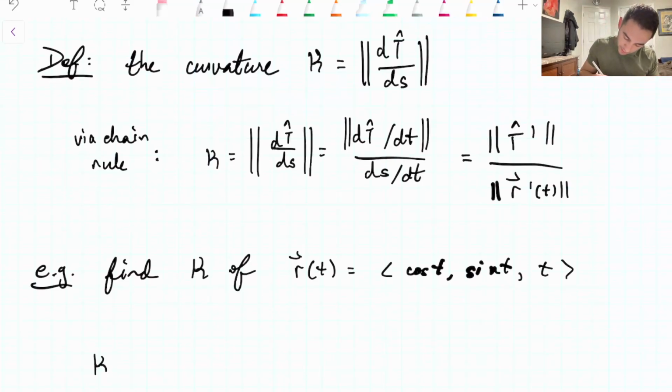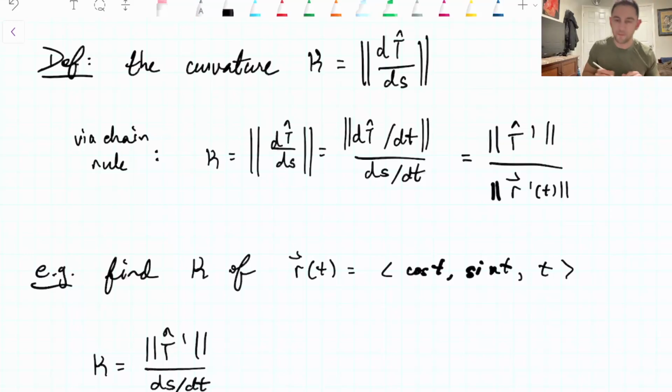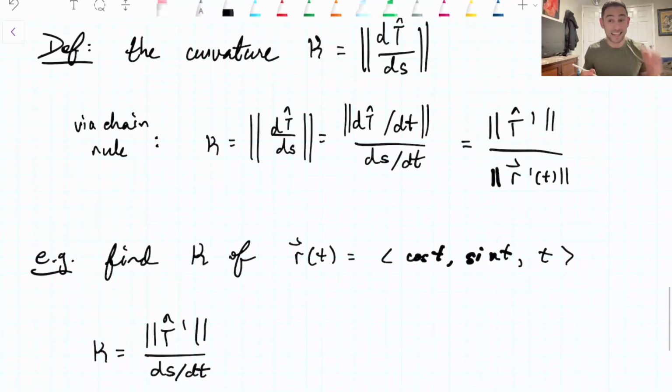So kappa will be t hat prime in magnitude divided by the speed in magnitude. And of course, I am intentionally switching between ds dt and magnitude of r prime for speed because those are synonyms, and we need to be really comfortable seeing those as synonyms.